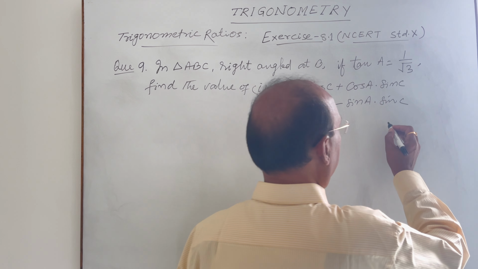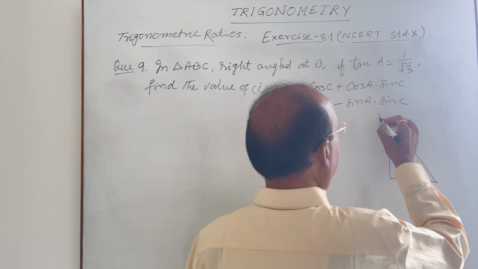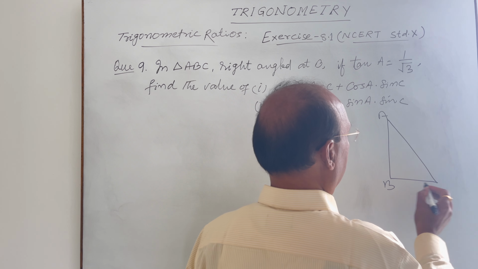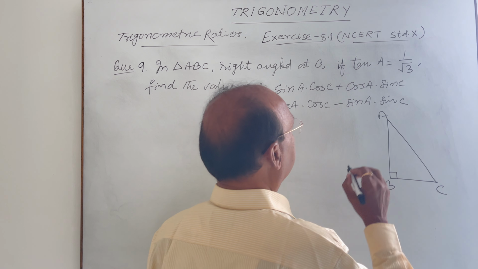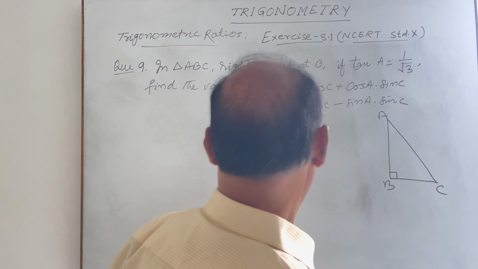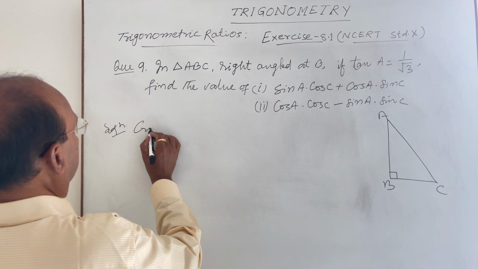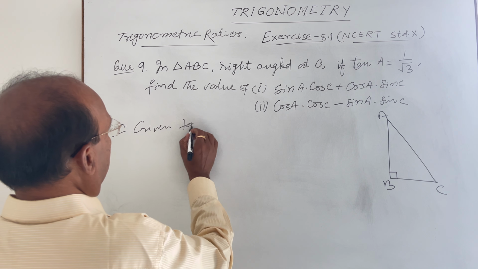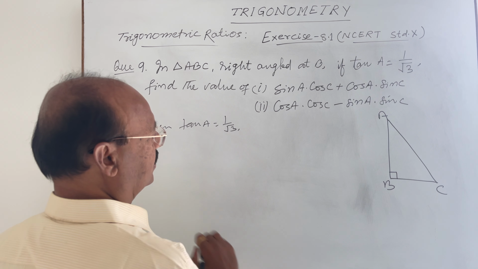In any right angle triangle like this, right angle at B, so this is 90 degrees, correct? Tan A is given here, tan A is equal to 1 by root 3, correct?